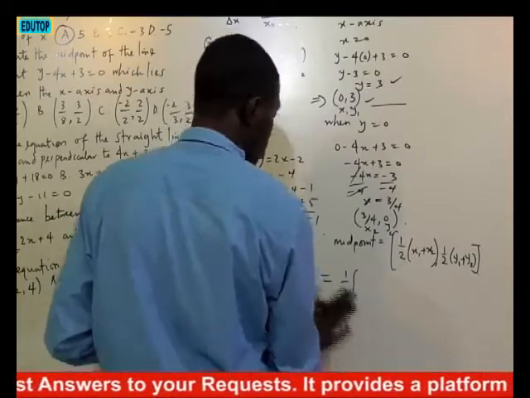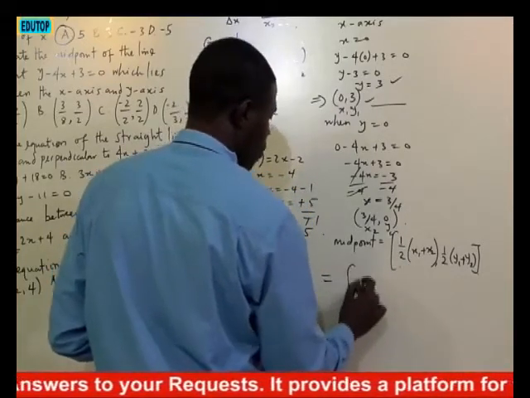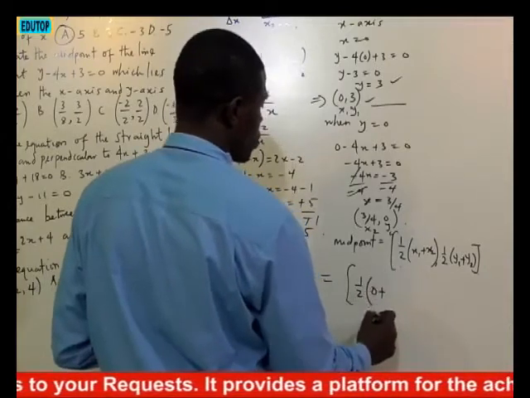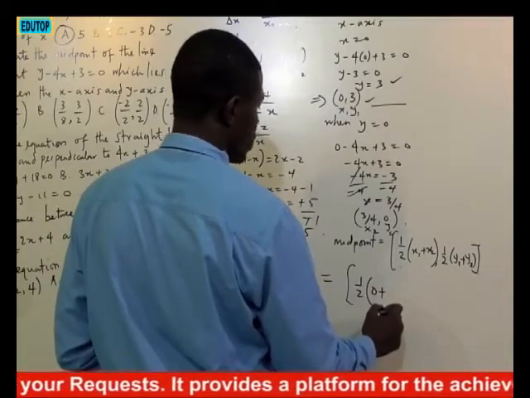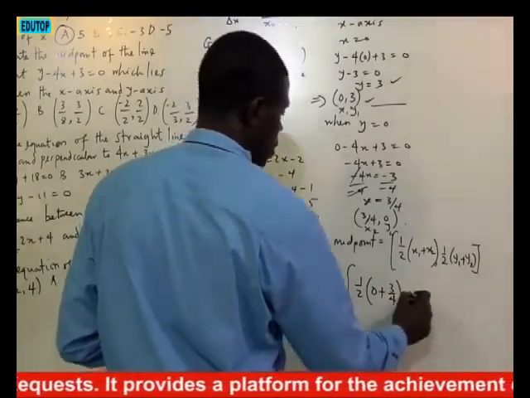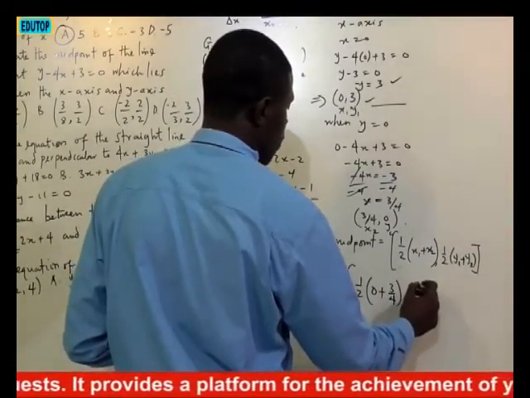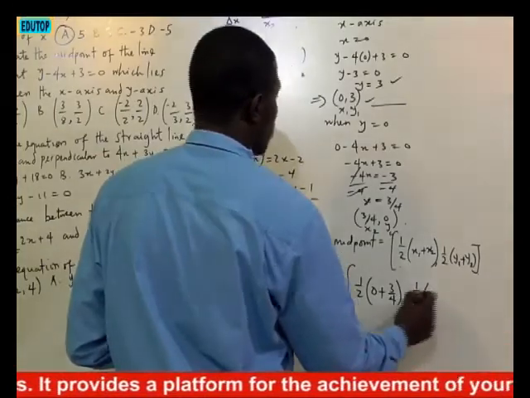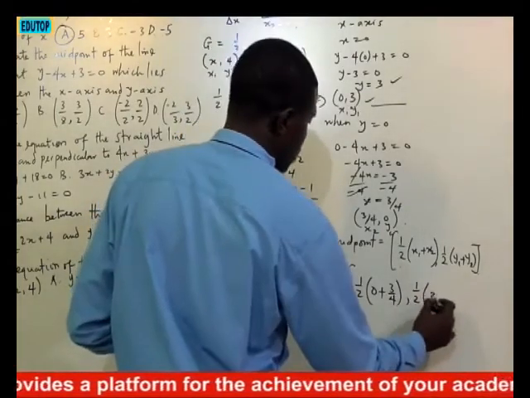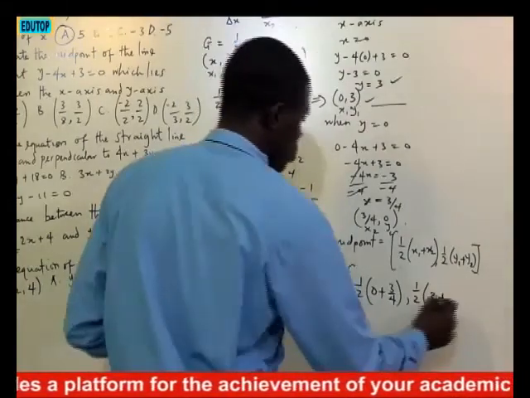So half of x1, which is 0, plus x2, which is 3 over 4, comma, half of y1, 3, plus y2, 0.